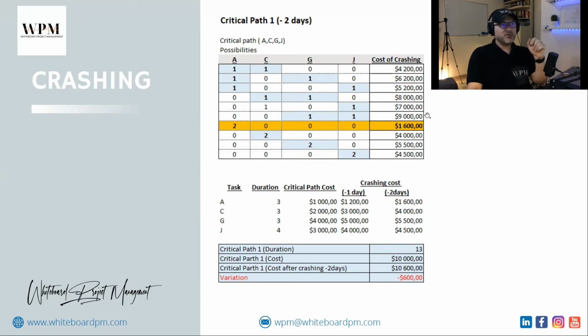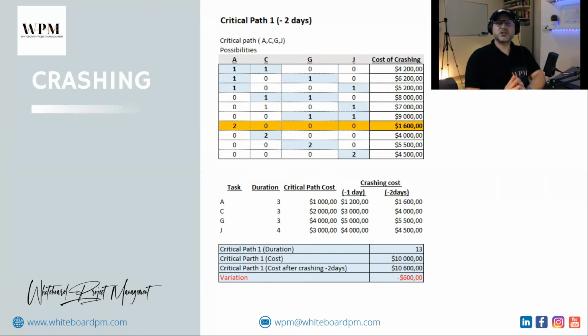You have the cost of crashing, and then you take the minimum cost of crashing, considering that this crashing is logical. The crashing which is not logical, remove it, don't put it in the analysis, because you could crash, but only the logical crashing.